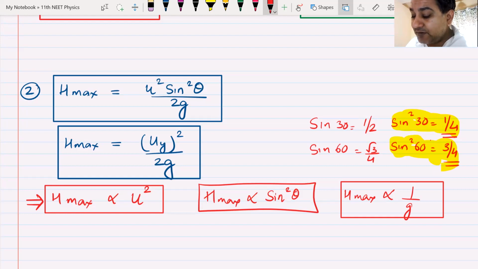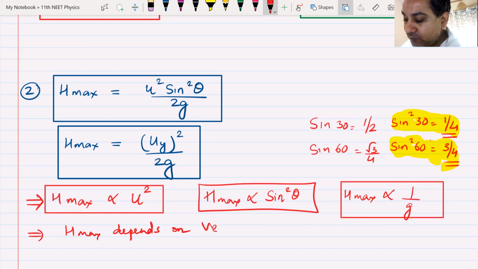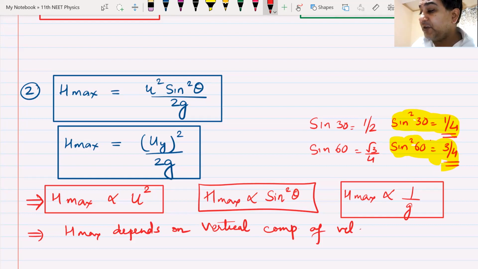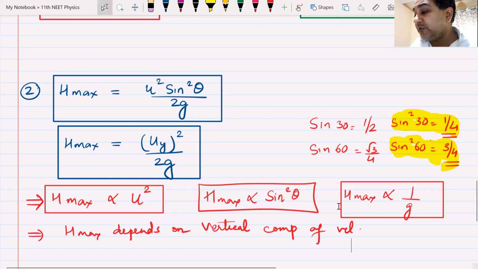Okay, again, you must remember that H max depends on the vertical component of velocity.